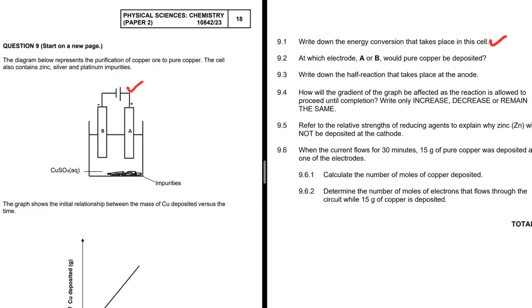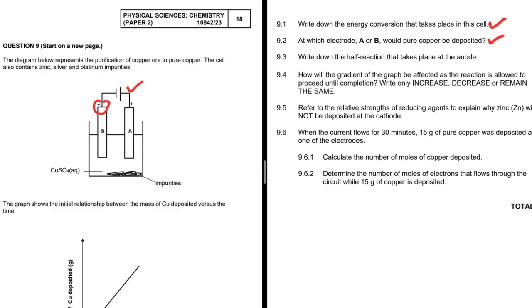At which electrode, A or B, will pure copper be deposited? 9.2. Right, so pure copper will get deposited at the negative electrode, meaning that the answer to 9.2 should be B. Let me show you why. Take a look at this. We have CuSO4, which will break down to form Cu2+ and SO4 2-.